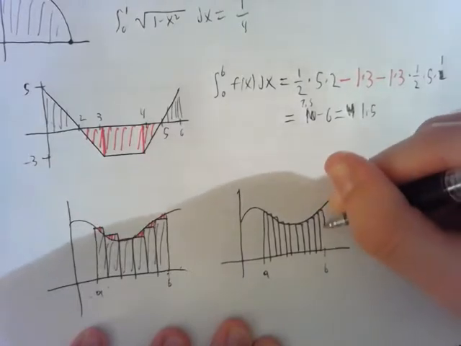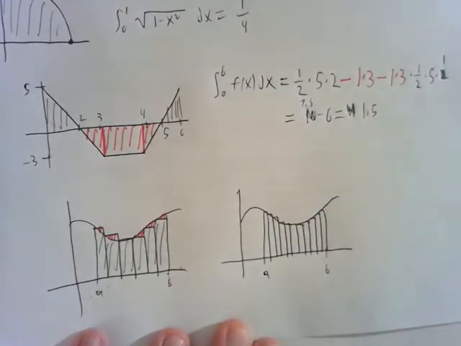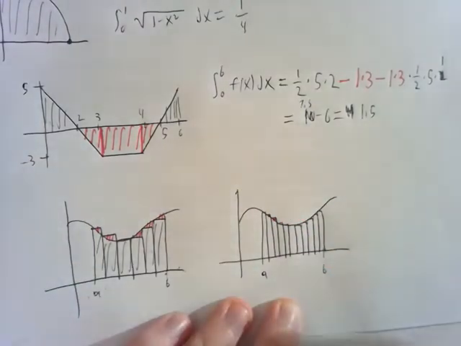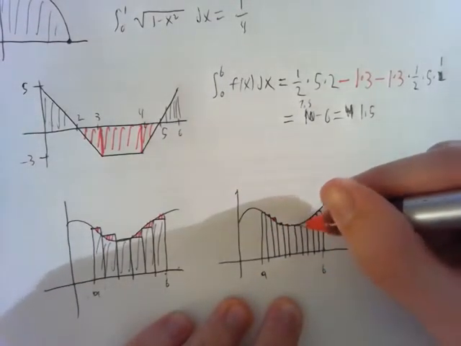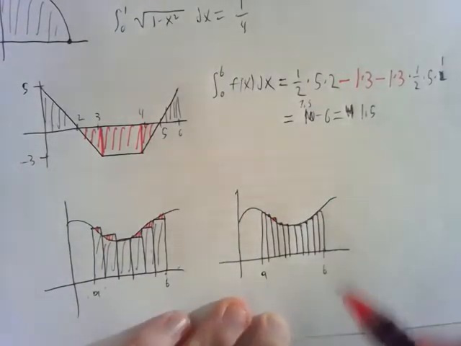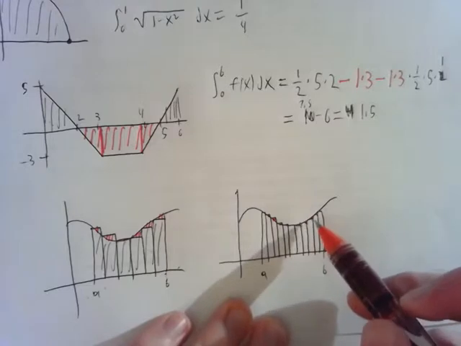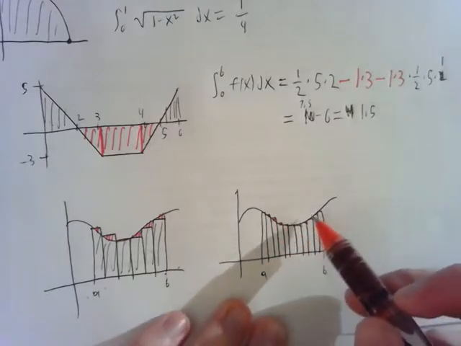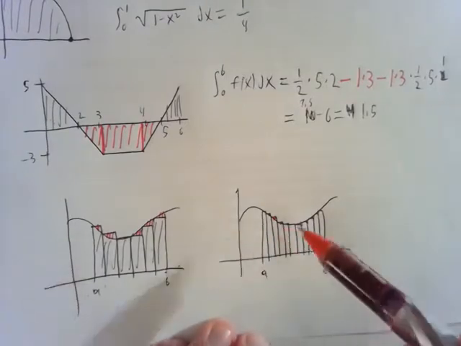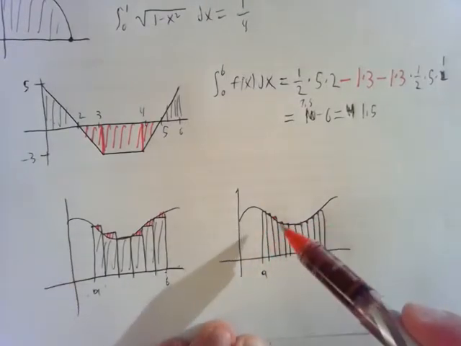And now there's still, probably it can't be seen on the screen here, little bits of red area, which is either being not included when we wanted it or is being included when we didn't want it. But notice that the size of these red areas has shrunk a lot when we used more rectangles.